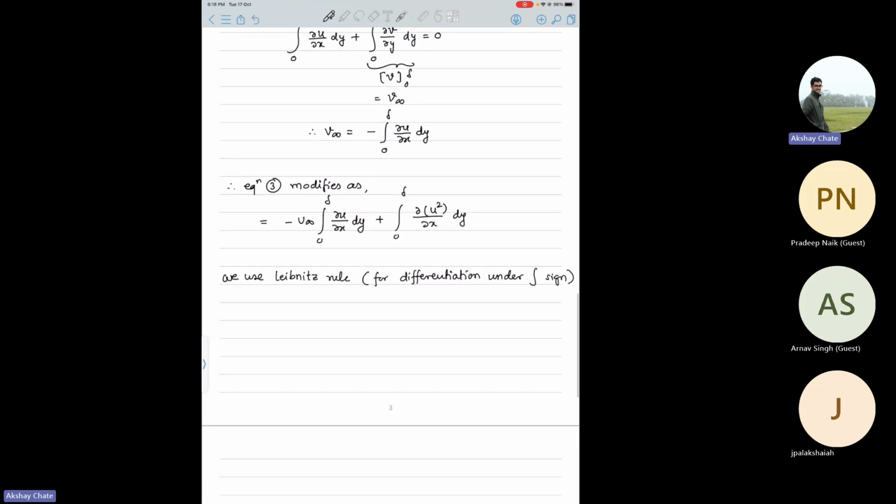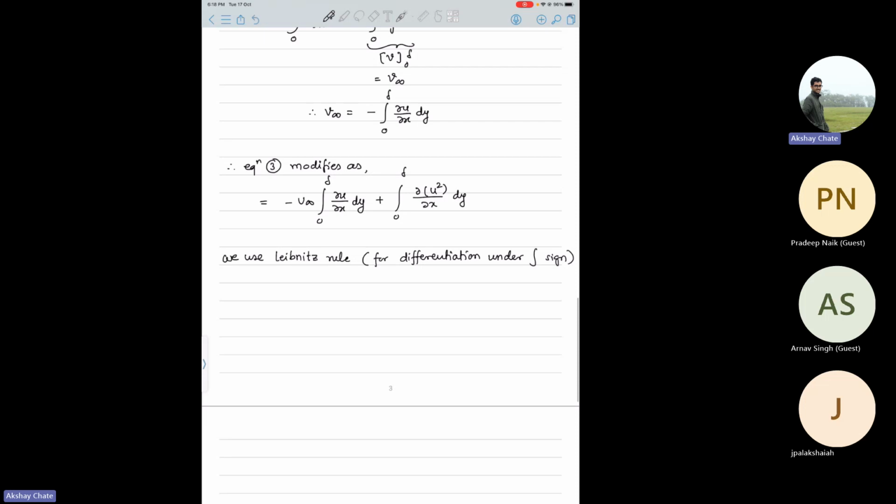This is a standard rule that is used, and it is given as d by dx. Let's say you have some limits of a to b, which are functions of x, and you have some function f, which is a function of two variables, and you integrate with respect to y, which we are doing here. So the Leibniz rule says you can write this term as differentiation under the integral sign, and then there will be two extra terms, because now you are taking the integral outside and differentiation inside, right?